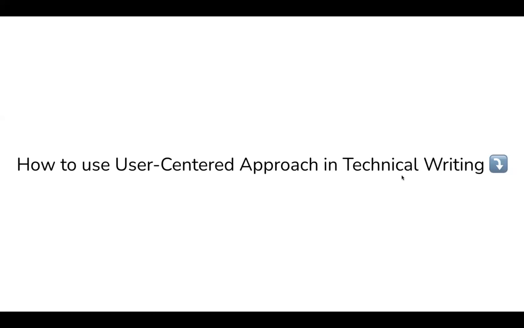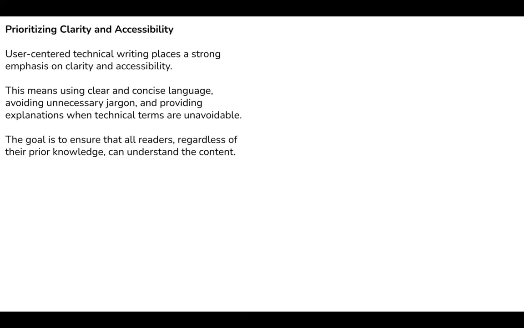Right. So how to use the user-centered approach in technical writing. I've explained a very good example with the whole Femi and the user persona. So when you have someone like Femi, that you know that okay, this is the person you are writing for, you have to have Femi in mind at every step of your writing.